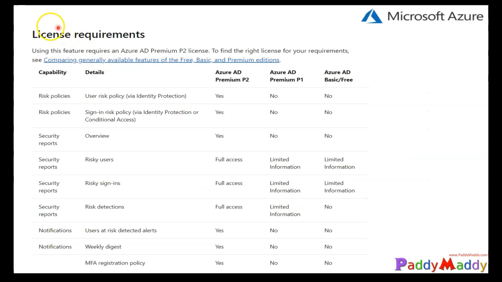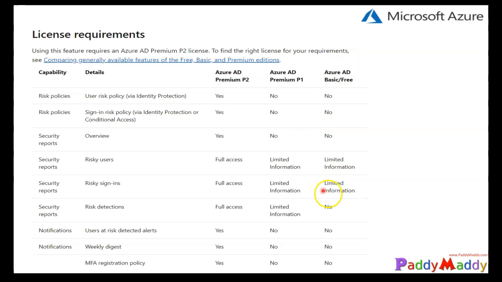And now it's time for understanding the licensing. I would put it in a simple way: if you want the entire suite of identity protection, then go for the Azure AD Premium P2 license, because on the P1 license you don't get much. All the basic information, for example security reports based on risky users, or sign-ins, or risk detection mechanisms, will be very limited.